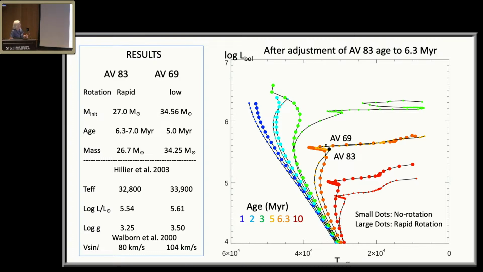And so we have a metallicity, an age, and also an initial mass. I've shown the results here on the left side of the diagram: AV83 is a less massive star than AV69, and it's older, 6.3 to 7 million years instead of 5 million years. Its mass is only 26.7 as opposed to AV69, which is 34.25.